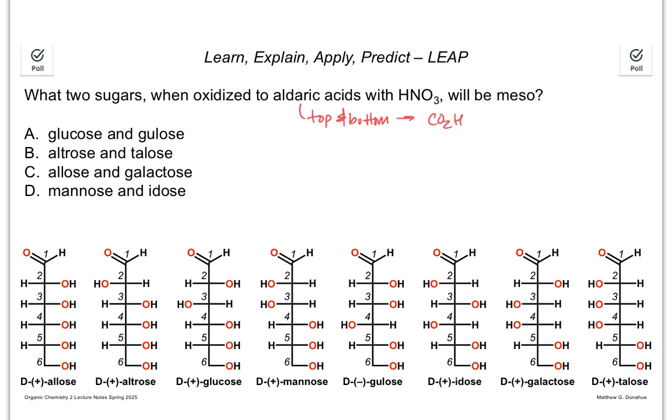Yeah, so C. It's essentially the same answer as when you reduced them with the alditol synthesis. So now you're just oxidizing those terminal carbons up to the acids. Alditol reduces them down to alcohols. So allose and galactose, and we said the mirror plane was between carbons 3 and 4.